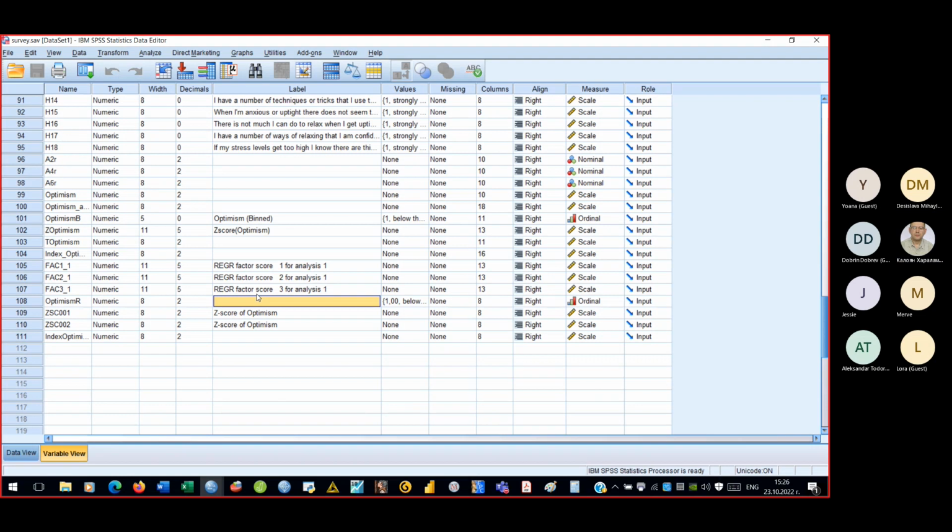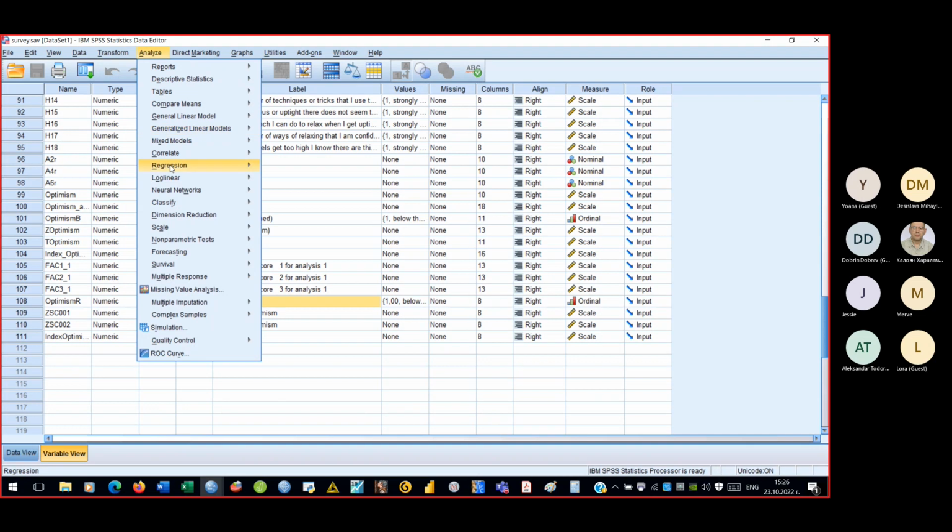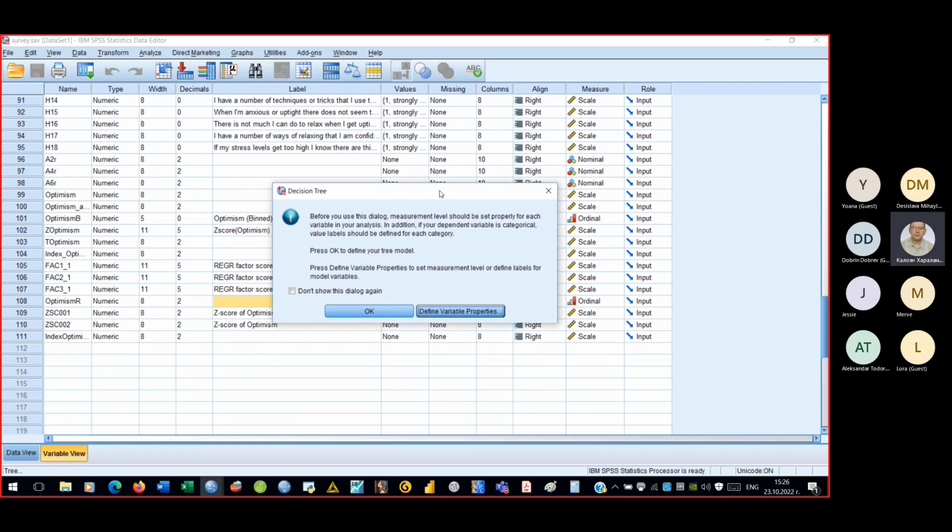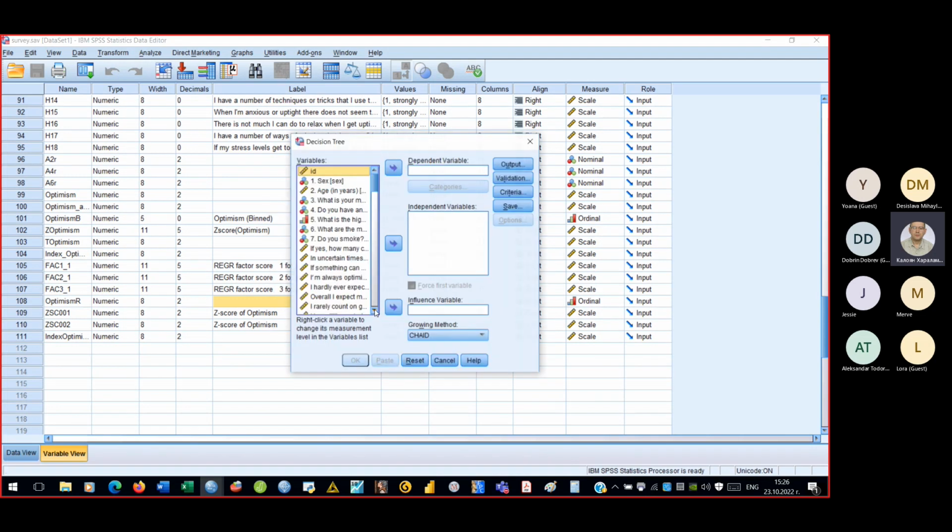classification tree. Now I will choose analyze, after that classify, and after that tree. Now this window appears, and this is a warning that we must define the correct type of scales here, but we already did, and I will press OK here.